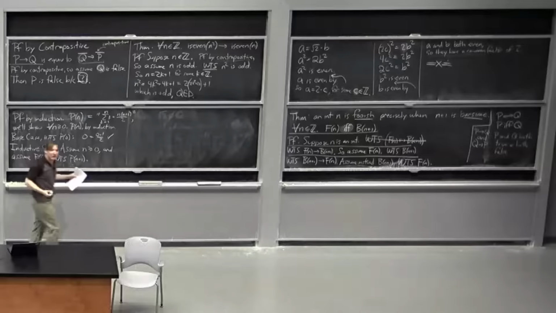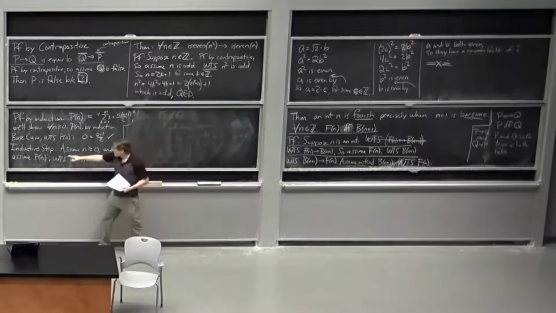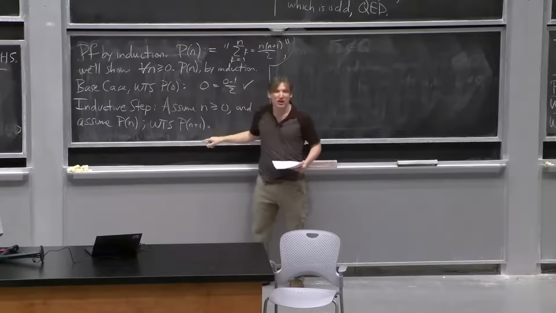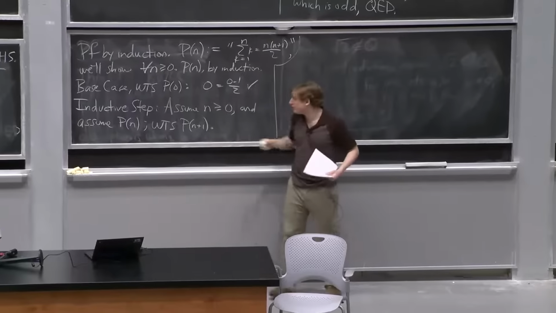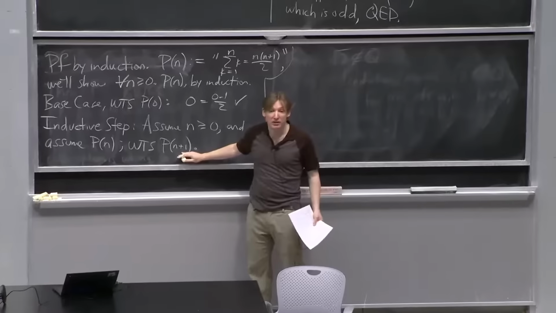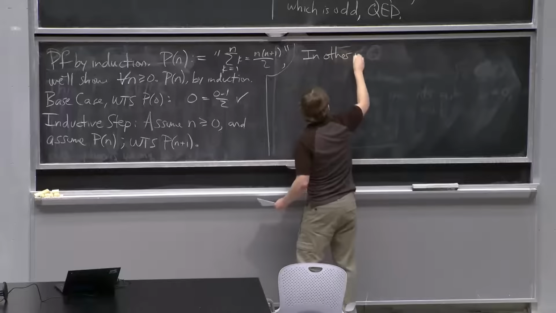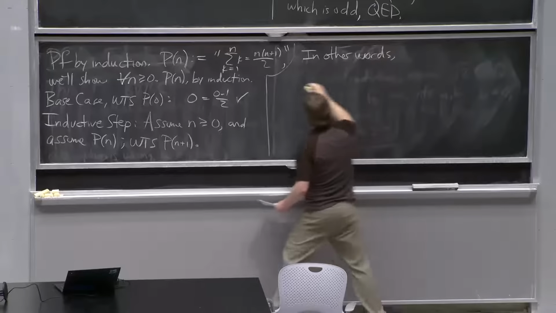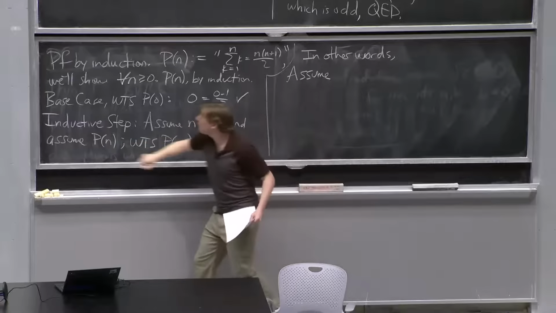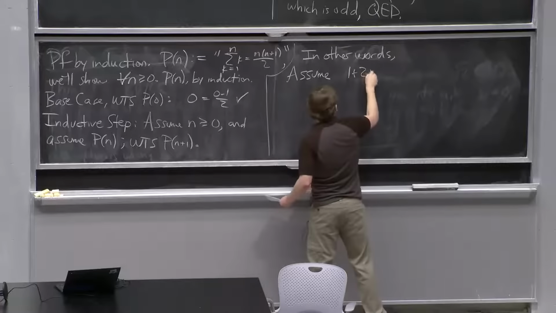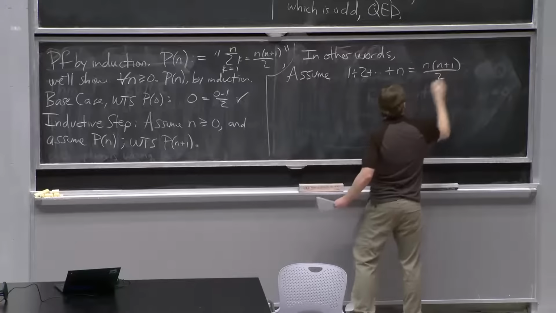The next thing I always recommend when proving something by induction, what is P of n? What is P of n plus 1? I know we defined it, but I can't remember what it is. I always find it much more useful to write these things down in context. So, in other words, we're supposed to assume P of n. So assume 1 plus 2 plus up to n equals n times n plus 1 over 2.